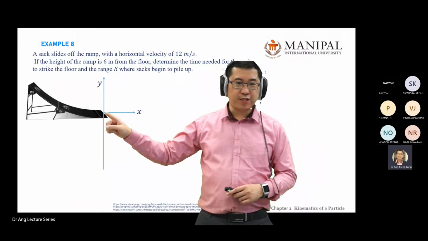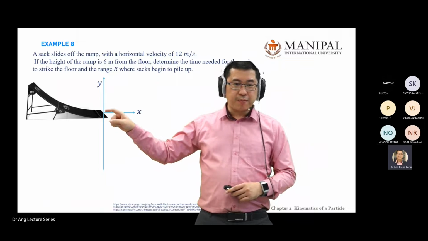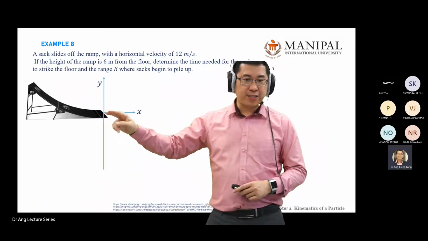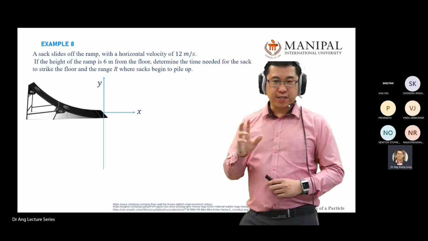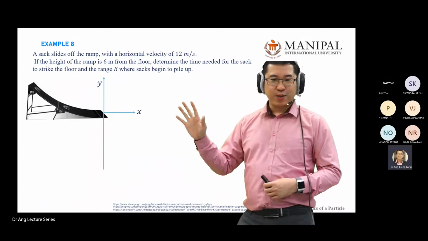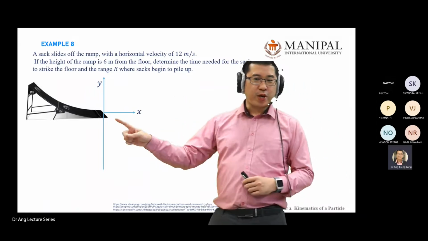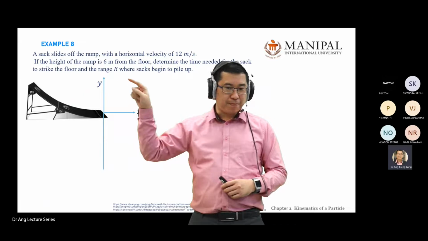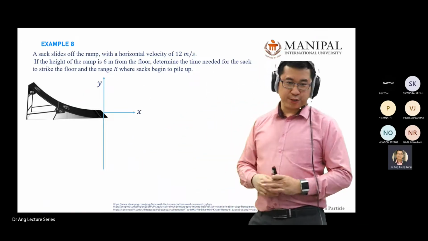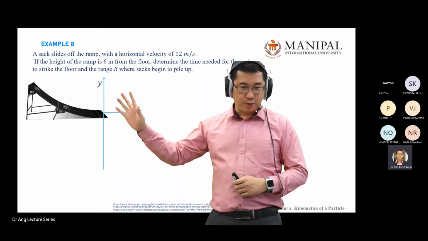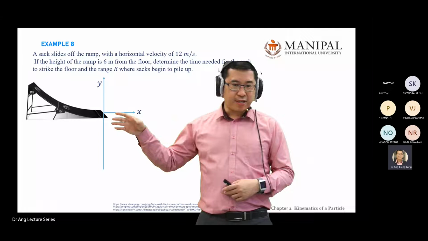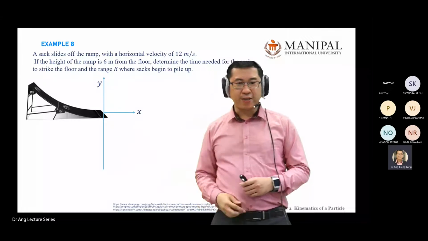That falls under the chapter before this, but today we focus on projectile. This question could extend into a long question starting from the top, where we talk about curvilinear motion, but today we forget about that.